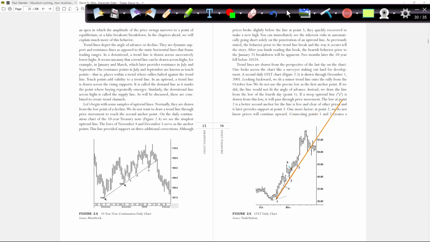It later provides support at point 3. One more factor at point 2: we do not know prices will continue upward.